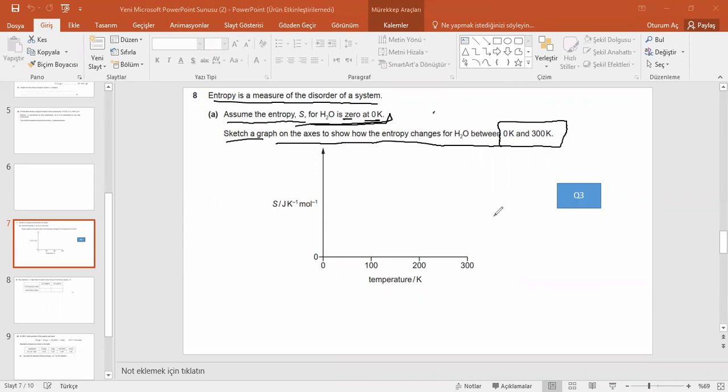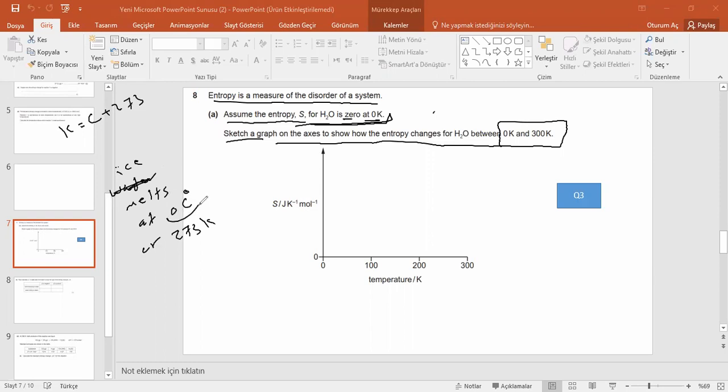Guys, let me tell you something. Ice melts at 0 Celsius, right? Or 273 Kelvin, right? I hope you know that to convert from Celsius to Kelvin, we say that Kelvin equals C plus 273.